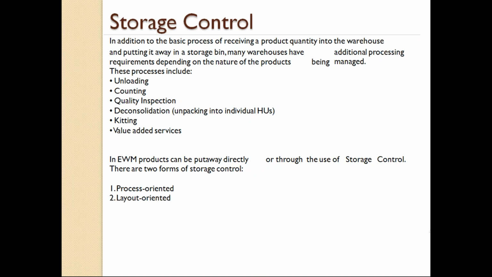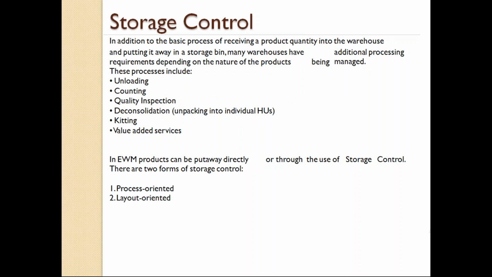These are the processes that are possible in a storage control for inbound. Similarly, for outbound you will have picking, packing, staging, and value added service. Those kinds of processes you can have in outbound as well.